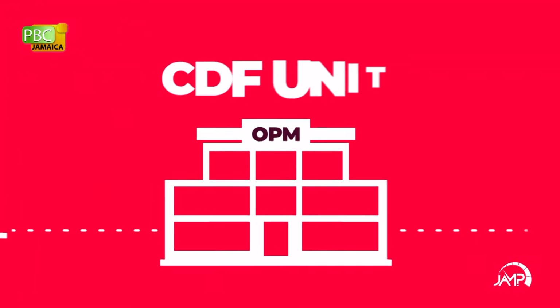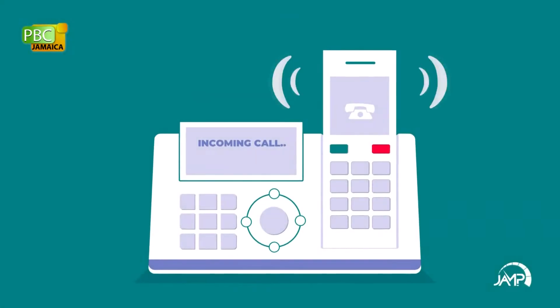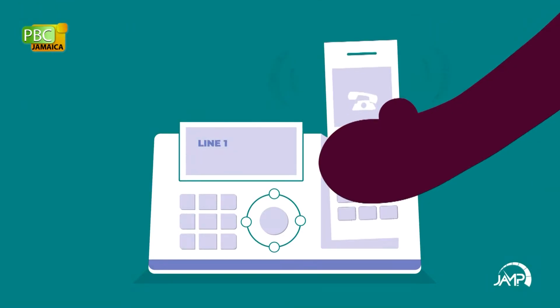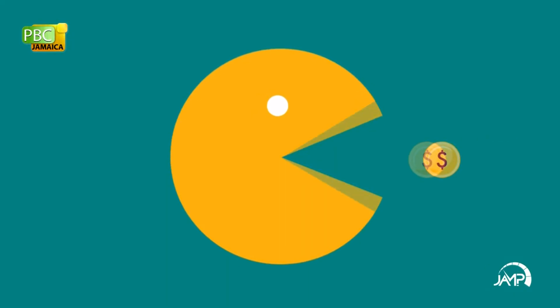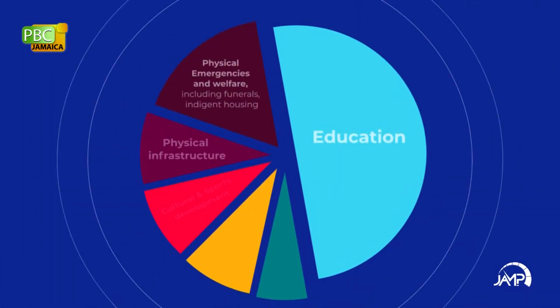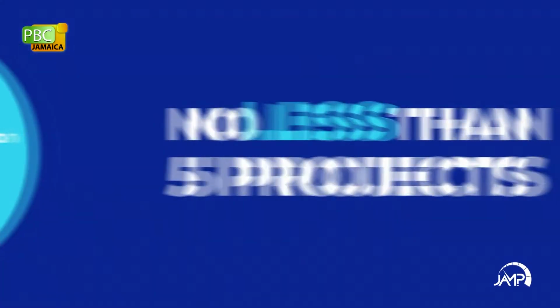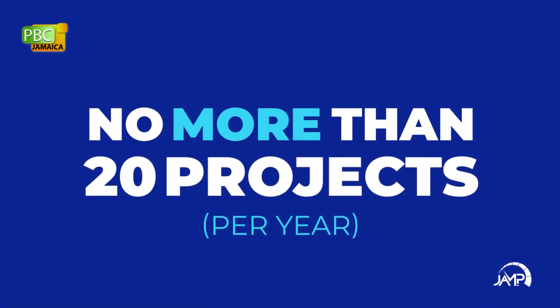The CDF unit monitors project costs and implementation, so if you have questions about how the CDF is run in your community, contact them. To ensure no one project or community gets all the funds, there are 6 project categories with spending limits for each. There must be no less than 5 and no more than 20 projects each year.